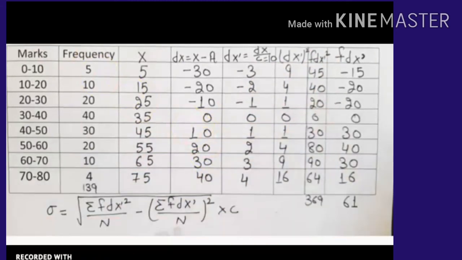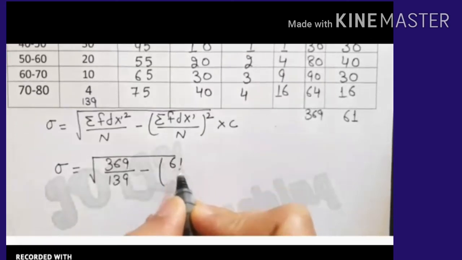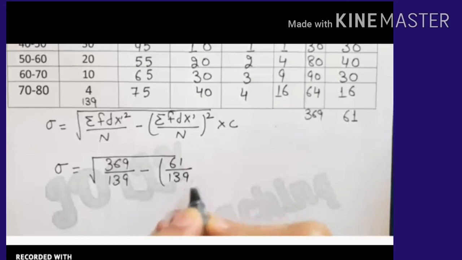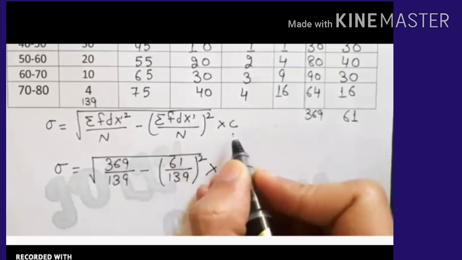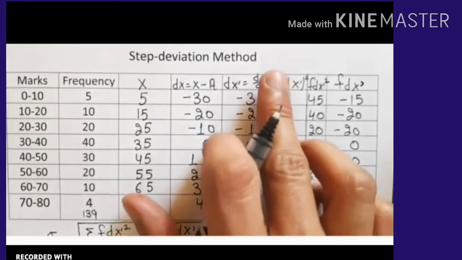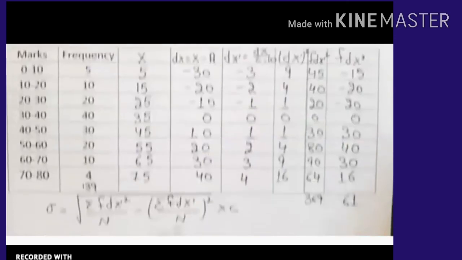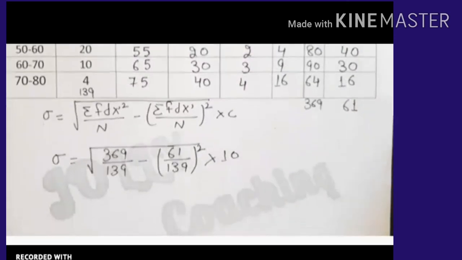So this is 61 divided by 139, the whole square, into c, which is 10. c is the class interval, so it's 10. You can just write it as 10 and find the answer.